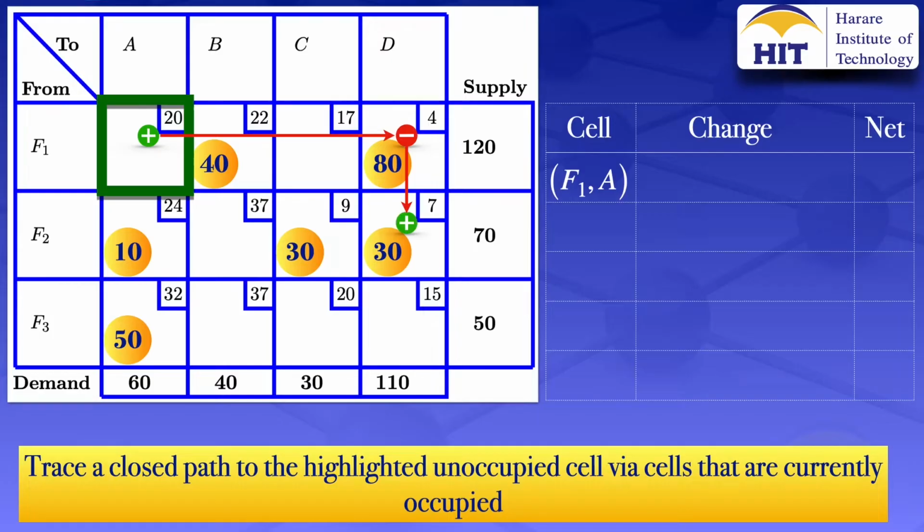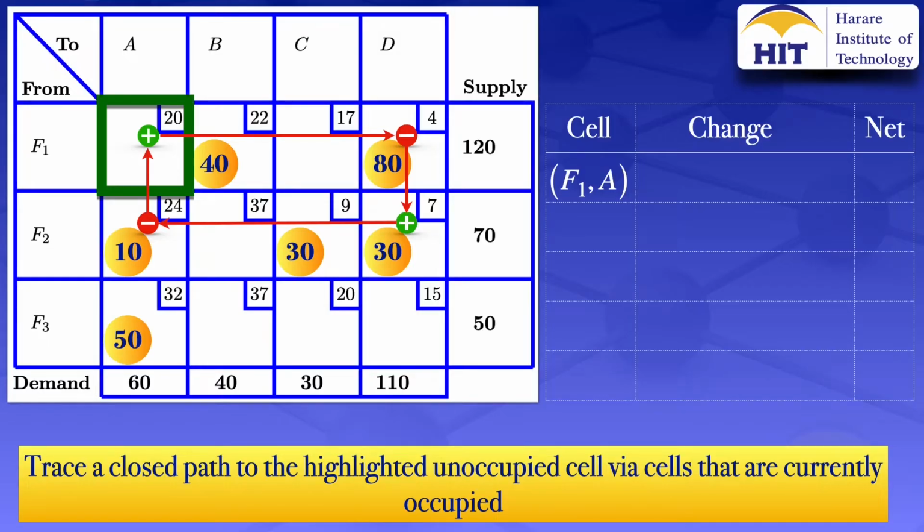But when you add a plus there, that means that row, the one with F2, is now unbalanced. We would need to subtract, so we'd subtract on the one where we have the 10. And we see that we now have finished our path, which goes back to the unoccupied cell. And everything is now balanced.